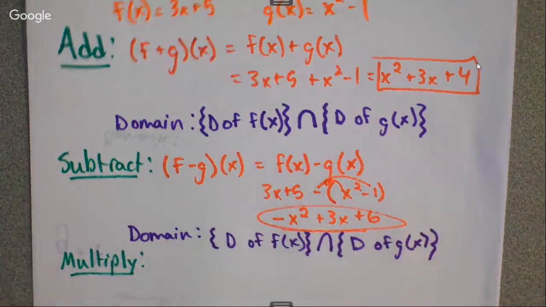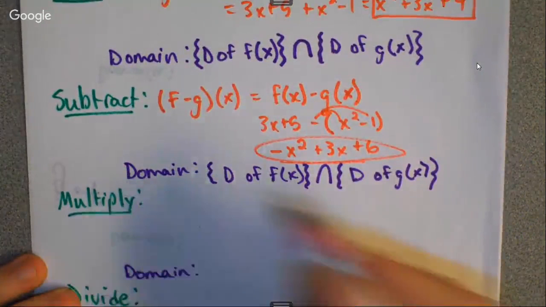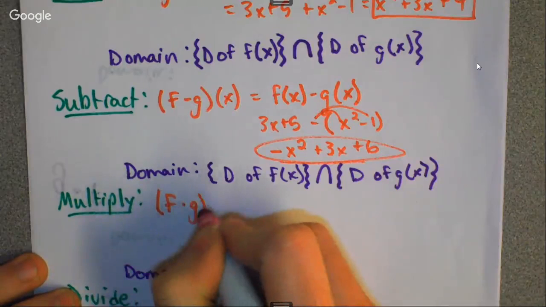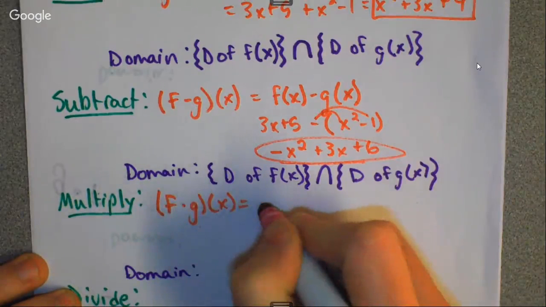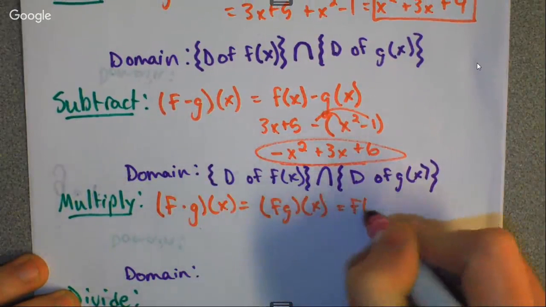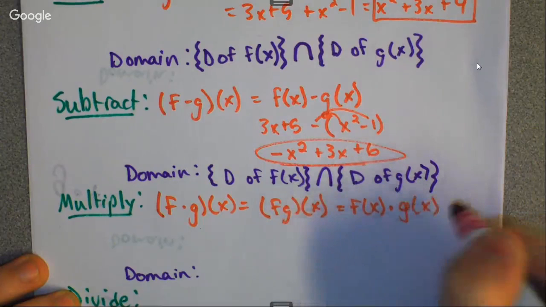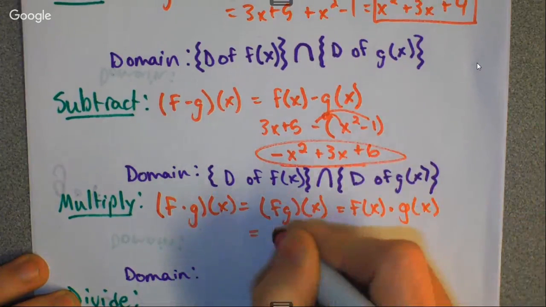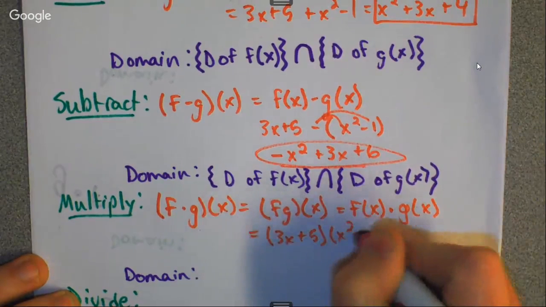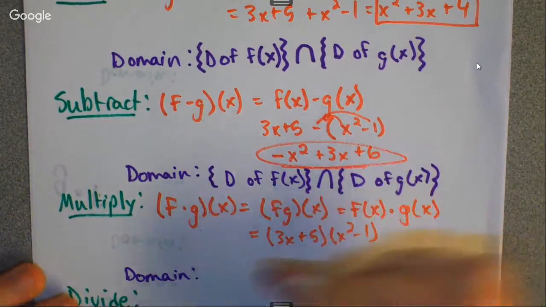All right, we can multiply our functions together, and we can look at it a couple different ways. It'll be f g of x. Sometimes we just write it f g of x, and that means you're going to take f of x times g of x. So you have 3x plus 5 times x squared minus 1, and then you would distribute that all out.